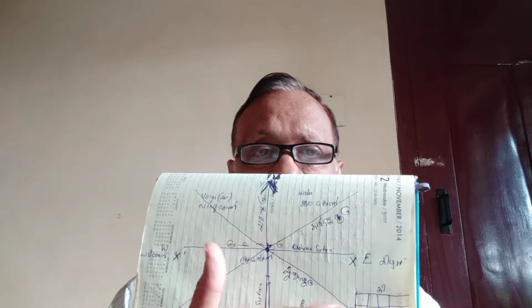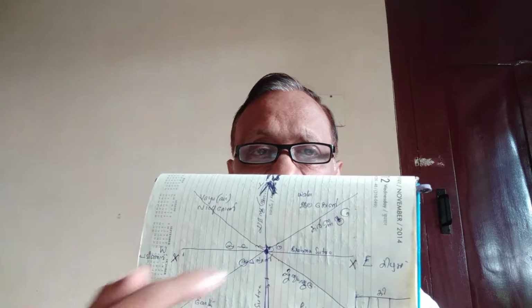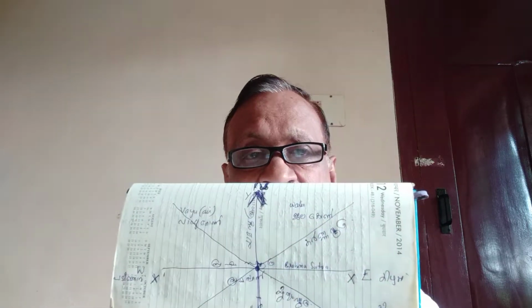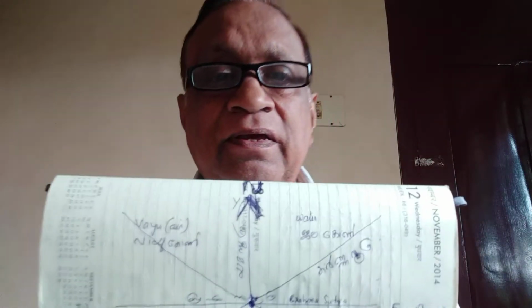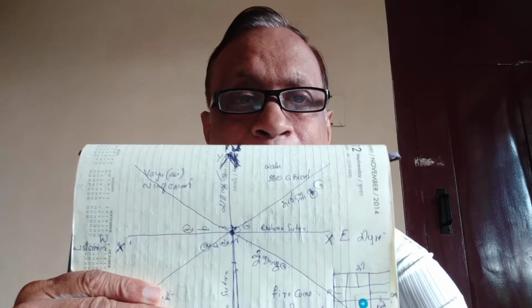Then they draw two lines at 45 degrees. That is called diagonal in modern maths. We call it diagonal. No separate names are given.